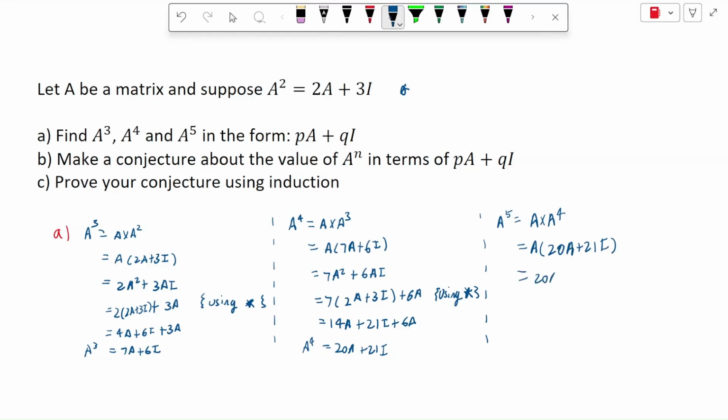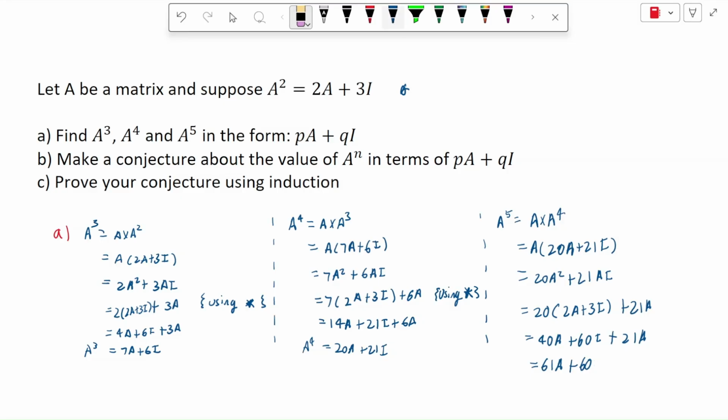That becomes 20A squared plus 21AI. That's 20 into A squared, which is 2A plus 3I. And 21AI is 21A. So that's 40A plus 60I plus 21A. That should give us 61A plus 60I.